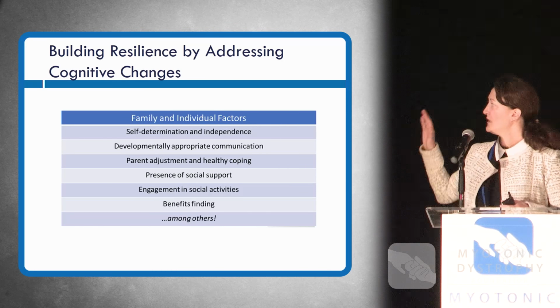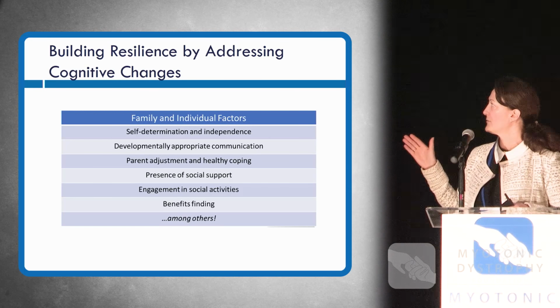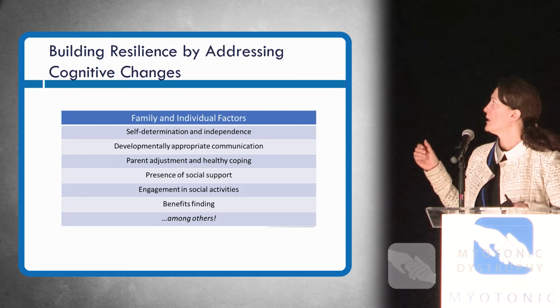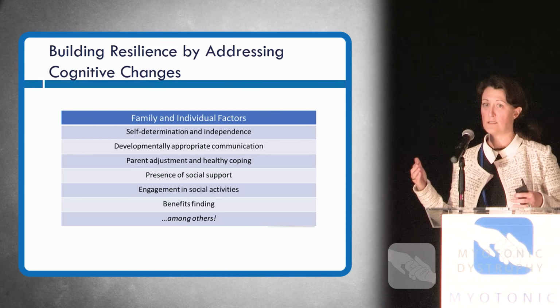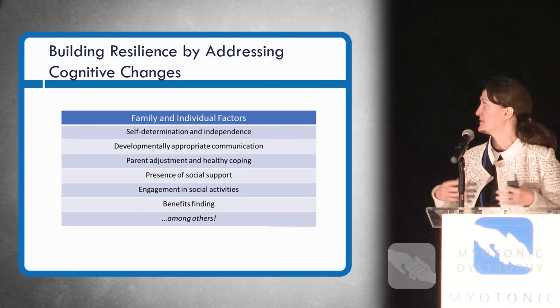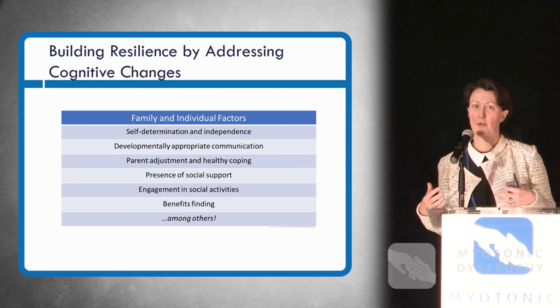And so these are some factors that are family related and individual factors that are definitely specific to building resilience and things that you should keep in mind. You know, having some self-determination and independence is fostered through this care team by developing your team. Having developmentally appropriate communication.